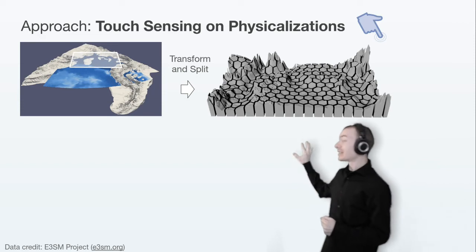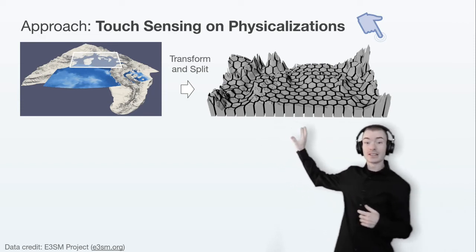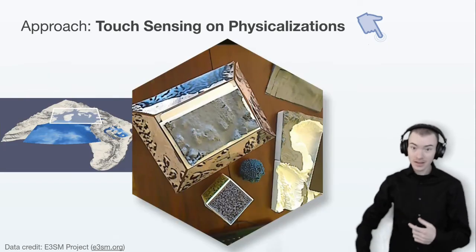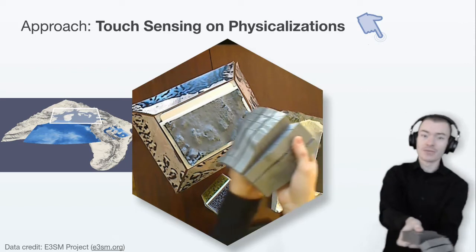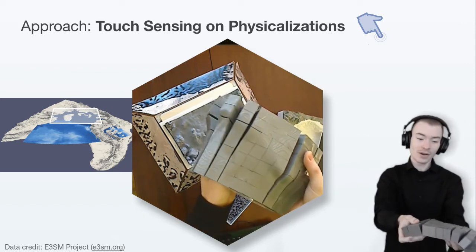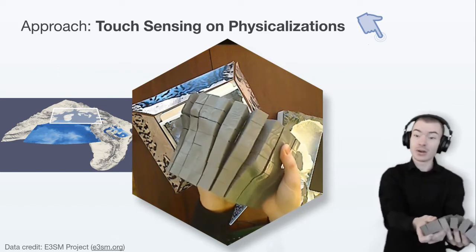After this, we transform the data and split it into tiles. We experimented with different tile shapes and sizes, but for example, one of our first iterations was these 2 centimeter by 2 centimeter squares.